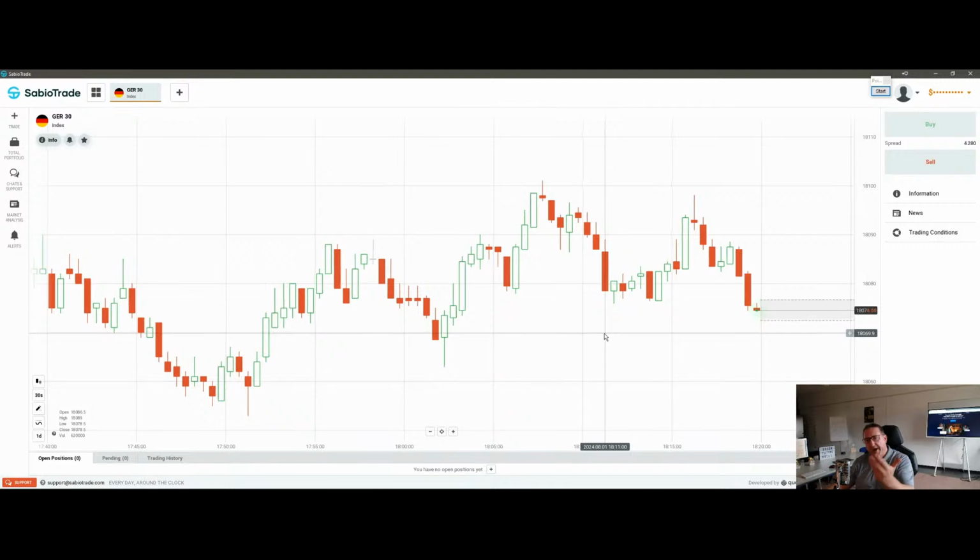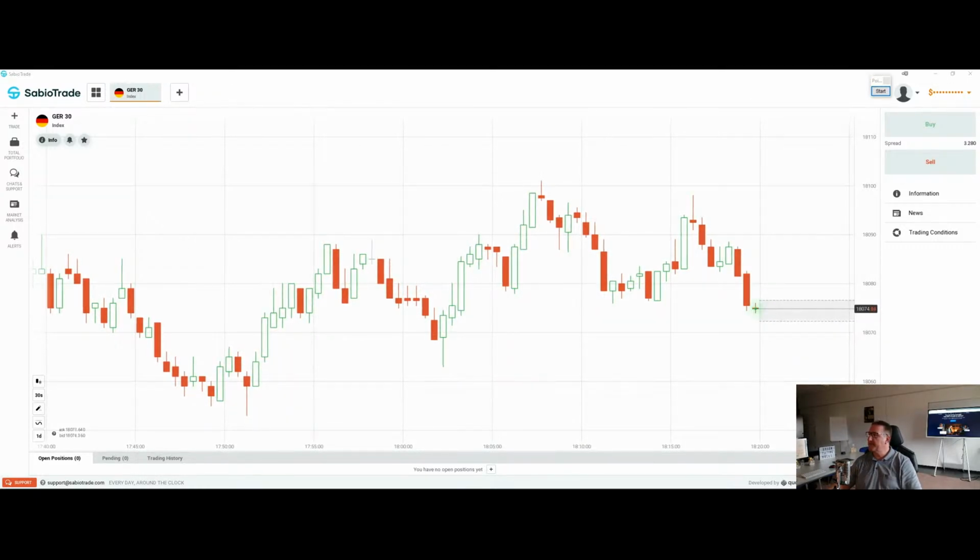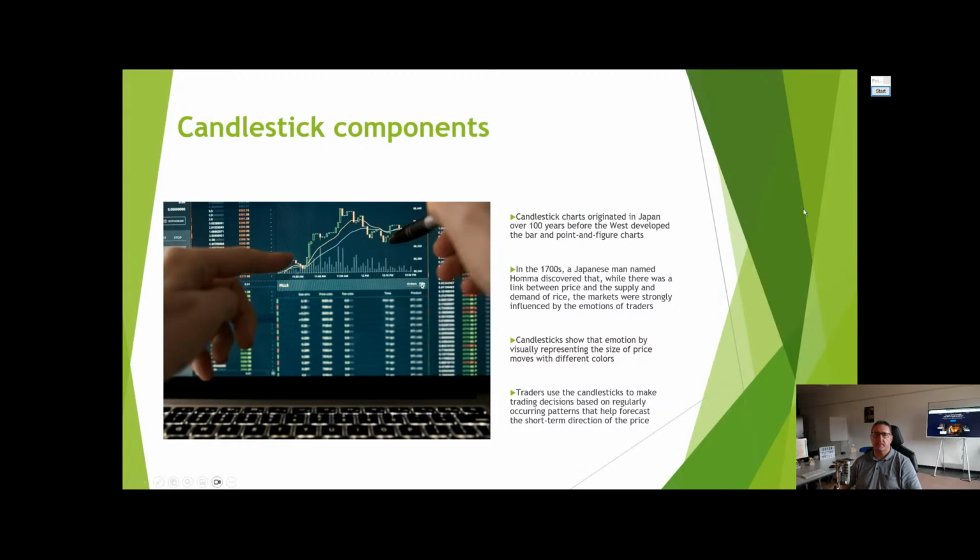So, where do the candles come from? Let's dive a little bit deeper. Candlestick charts originated in Japan over 100 years before the West developed the bar and point-and-figure charts. 100 years before.